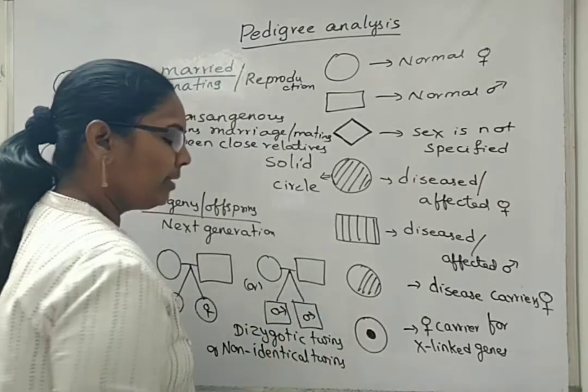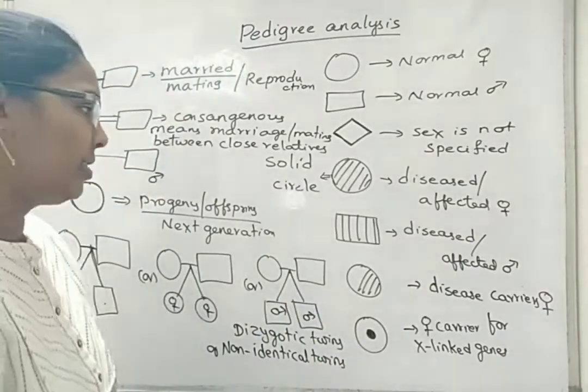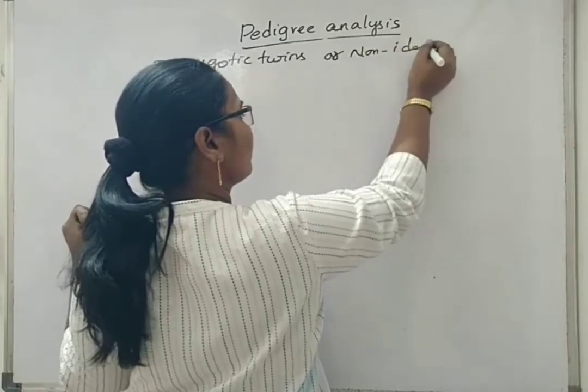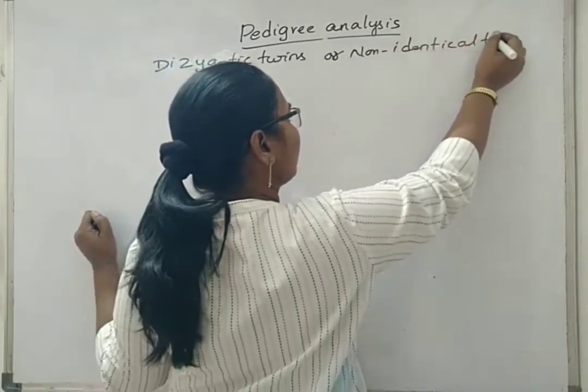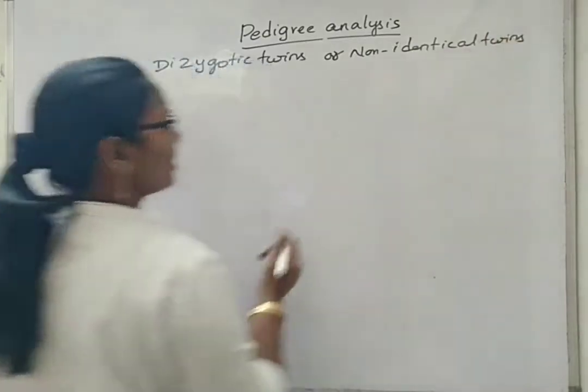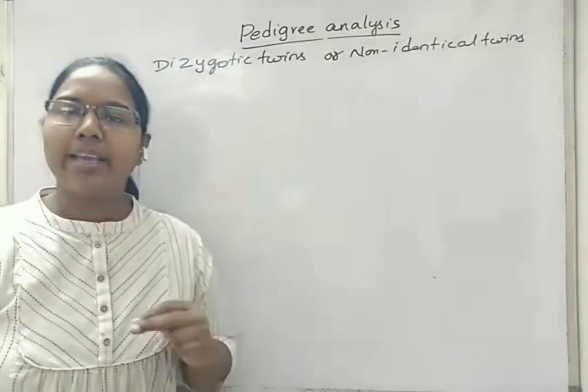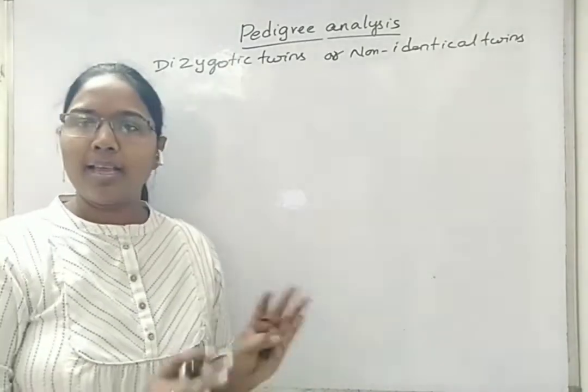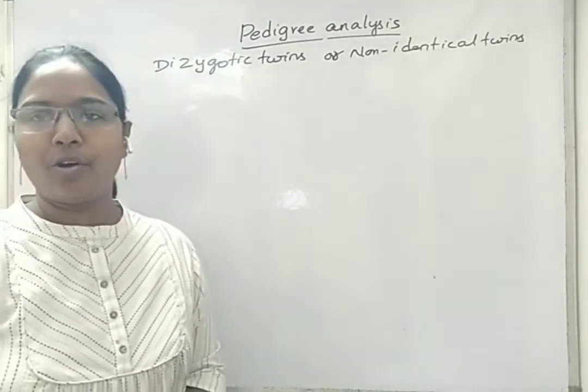Now, what is meant by dizygotic or non-identical twins? Just have a glance at this chart on the board. It means that two eggs are fused with two sperms at a time and have given out two offsprings.